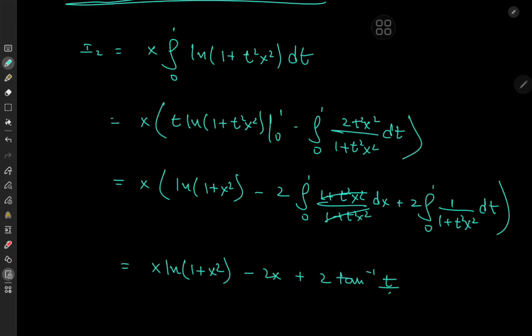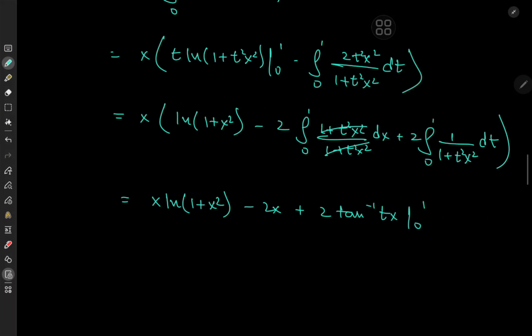Oh yeah, it's t over x, if I'm not wrong. No, wait, it's supposed to be tx. There's a product term over there. Oh, yes, indeed, it is tx. Again, limits are 0 and 1. So as t tends to 0, we have arctangent 0, which is 0, and we are only left with the arctangent of x as the result for I sub 2.